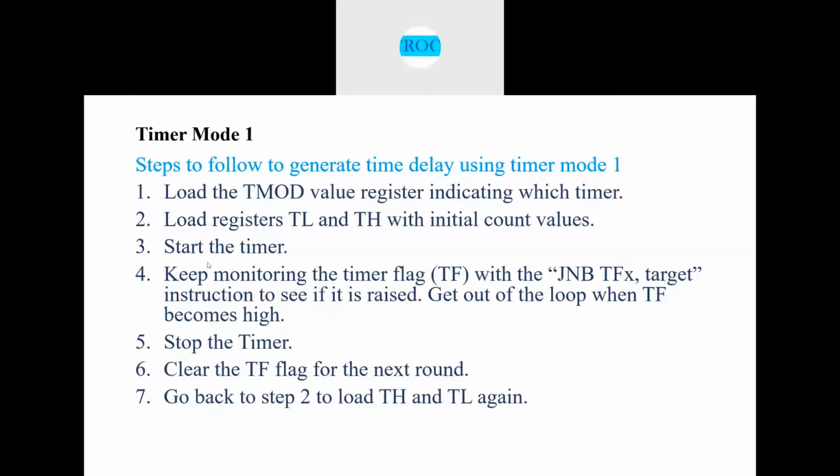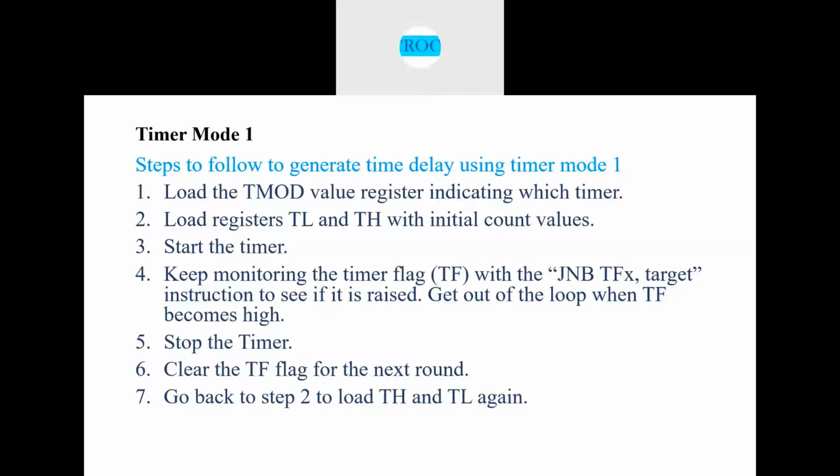And next, you need to start the timer. How do you start the timer? By setting the timer bit, TR0 or TR1. You can use the instruction SETB TR0 or TR1 to start the timer.